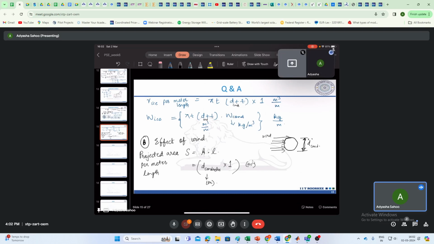Once you get this, from that you can calculate your force. So force F acting will be projected area times wind pressure, with wind pressure in kg per meter square. So basically this will give me D conductor into P, and the whole thing will come in kg per meter.